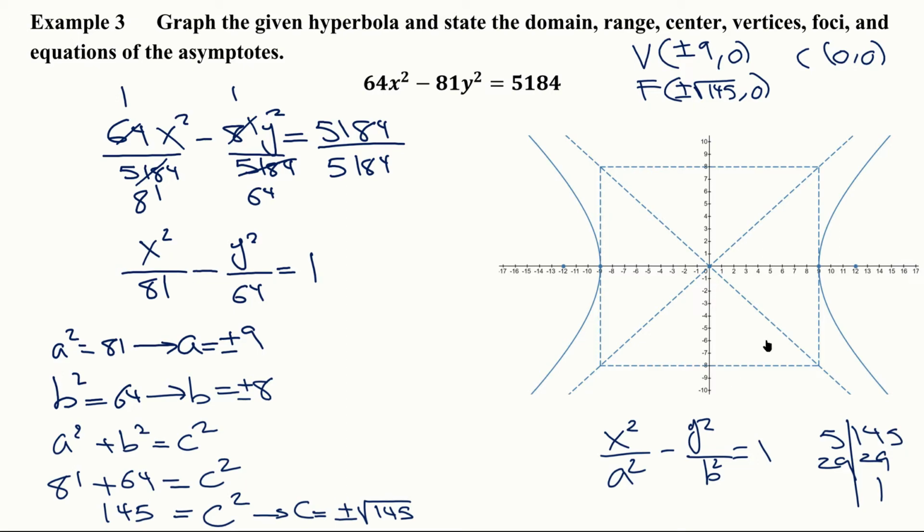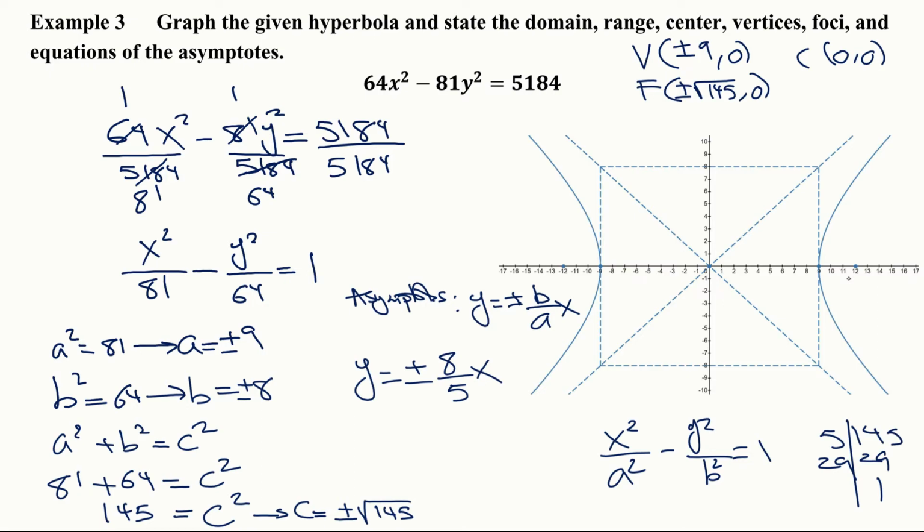And it's a left-right hyperbola, so therefore the asymptotes will be of the y equals plus or minus b over a x variety. So there'll be y equals plus or minus 8 over 9 x. That's it. And those are the equations of the asymptotes.